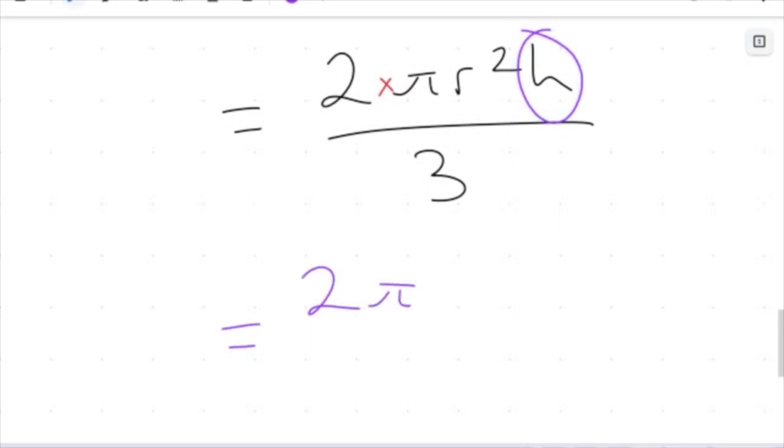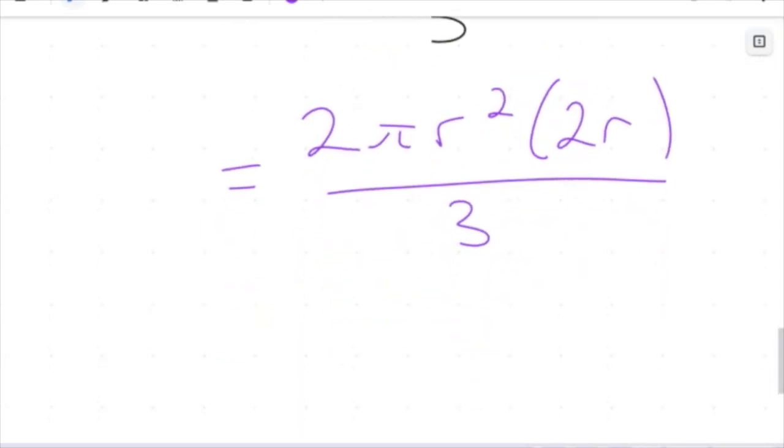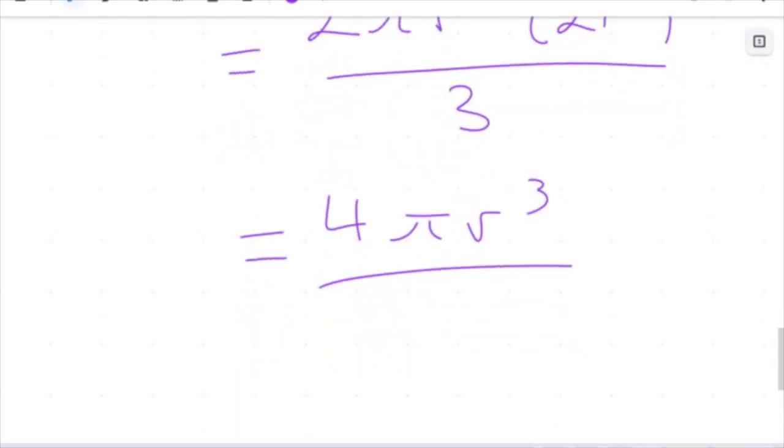So I get 2 pi r squared times 2r over 3. And then you can hopefully see already, I'm going to get to the same answer. 2 times 2 gives me 4, and pi r squared times r gives me pi r cubed, and we have a 3 on the denominator.